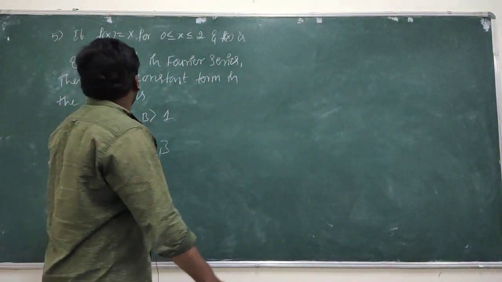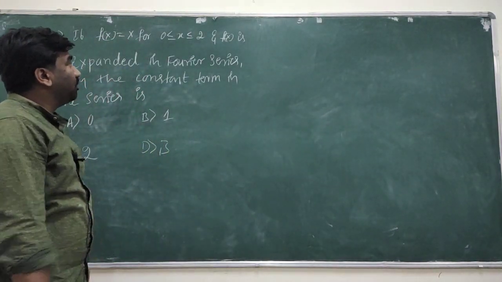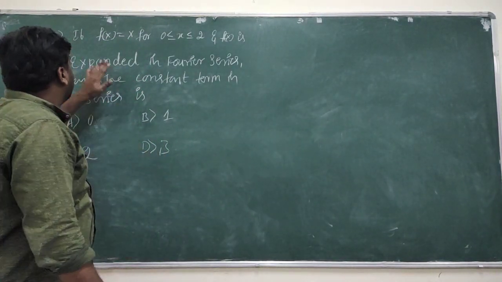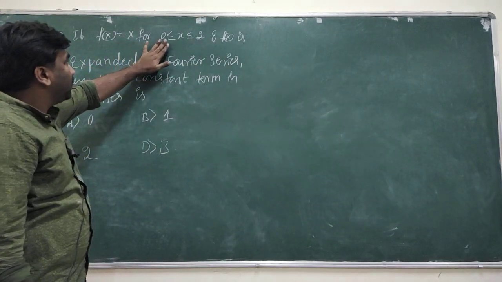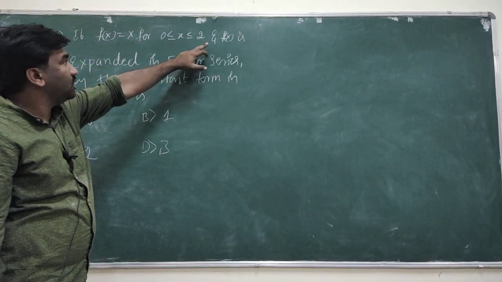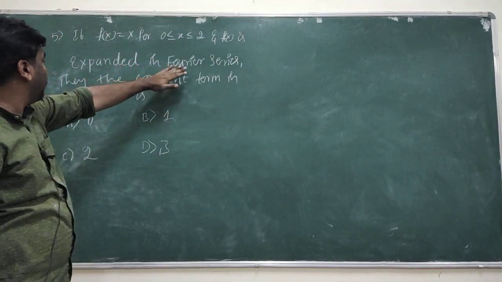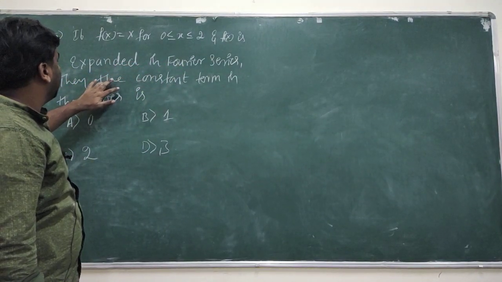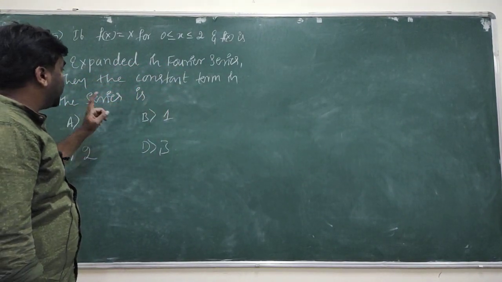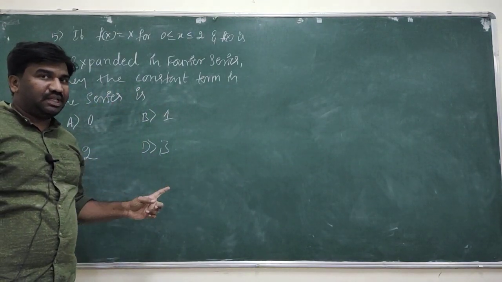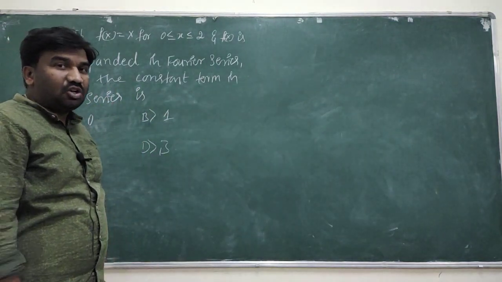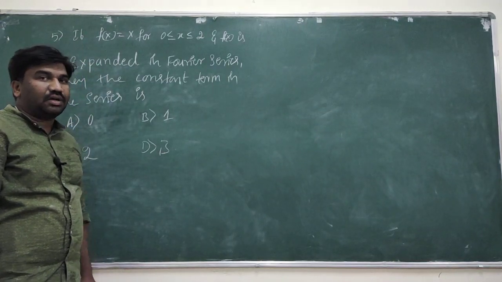So this is question number 5 from Fourier series. If f of x is equal to x for 0 to 2 and f of x is expanded in Fourier series, then the constant term in the series we have to calculate. The constant term in the series is a0.